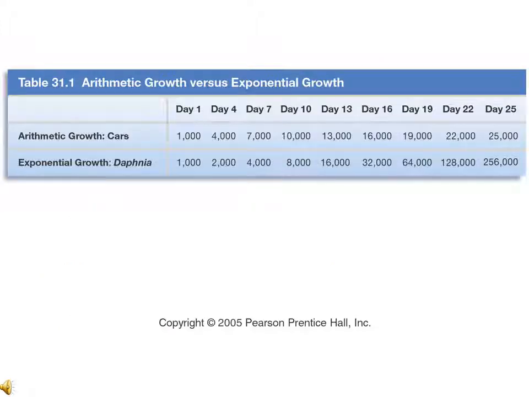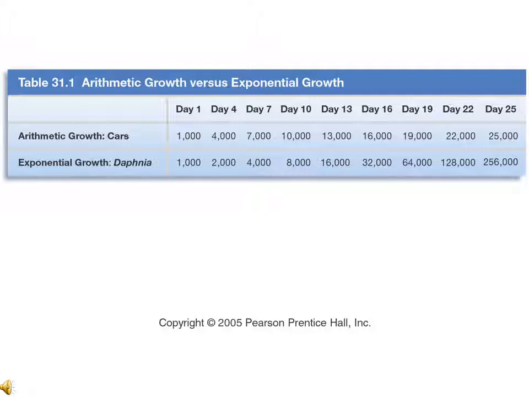Let's look at arithmetic growth versus exponential growth. If we are making automobiles, and we're making 1,000 automobiles every day, we can see that by day 4, we have 4,000 automobiles, and by day 25, we have 25,000 automobiles. In a population of Daphnia, which are water bugs, we see that Daphnia grow exponentially.